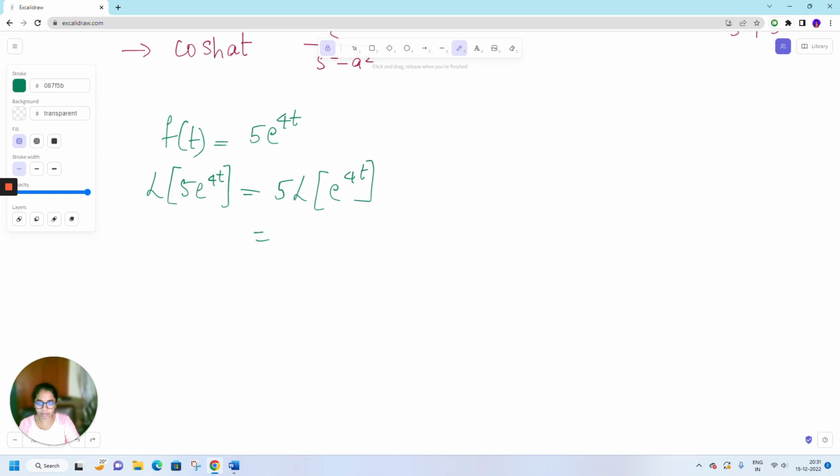What is the Laplace of e power at formula? It is 1 divided by s minus a. So you would get 5 into 1 divided by s minus 4.